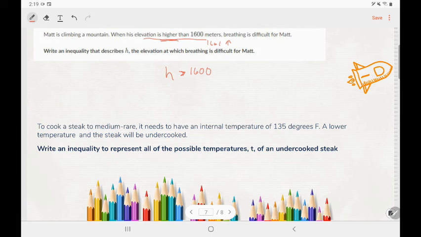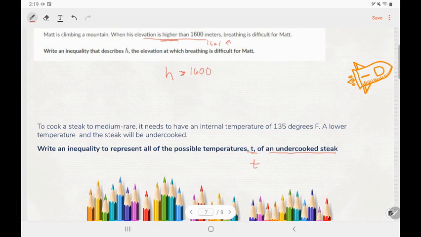To cook a steak to medium rare, it needs to have an internal temperature of 135 degrees Fahrenheit. A lower temperature and the steak will be considered undercooked. We're going to write an inequality to represent all the possible temperatures T of an undercooked steak. So the variable that we're going to use is T. And we're trying to represent the undercooked steaks.